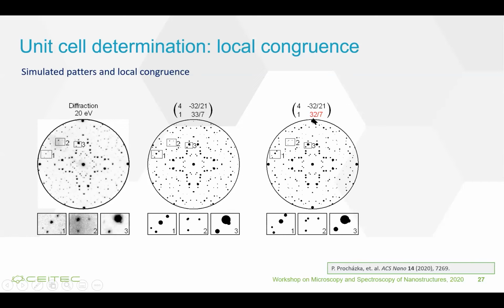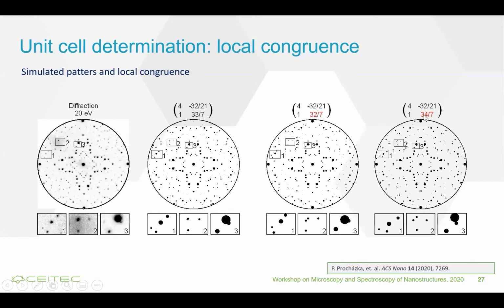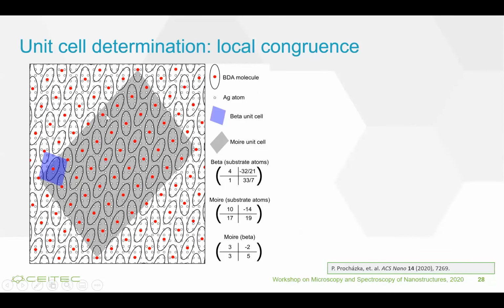Now, if we consider slightly different unit cells, then we see that the patterns are really not matching. So now we can be quite sure that this is the correct unit cell, just based on the mutual position of the spots from different domains. And so it's the final unit cell, it's this one.